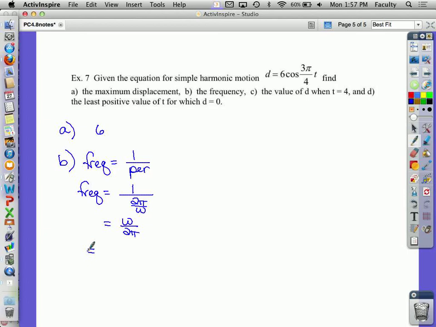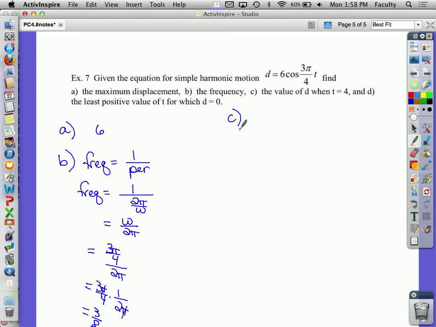Yeah, okay, thank you. It's not that hard, guys. 3 pi over 4 over 2 pi. So that's 3 pi over 4 times 1 over 2 pi. So the pi's cancel, so the frequency is 3/8. So remember that. Frequency is the reciprocal of the period, and we know how to find period length.